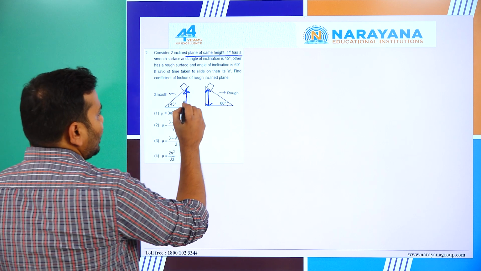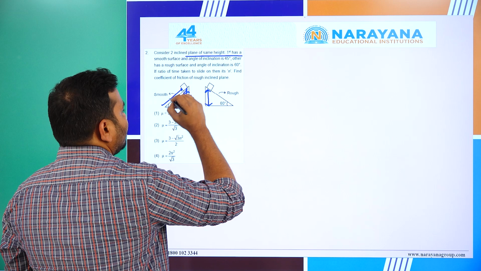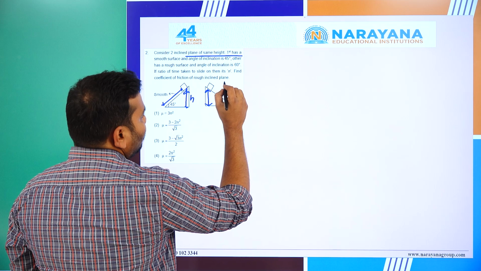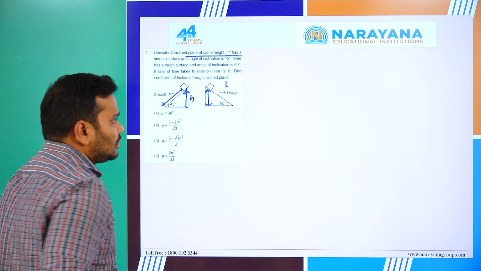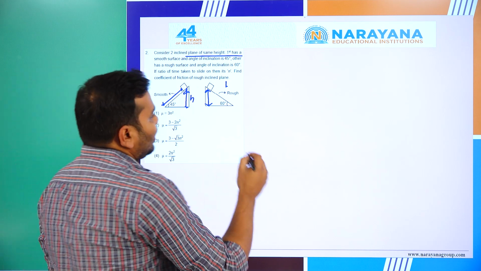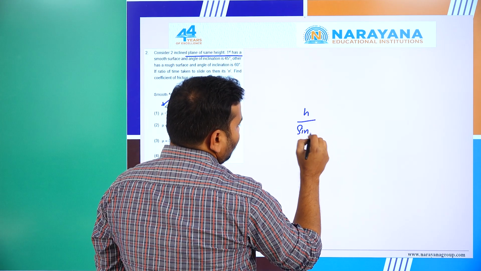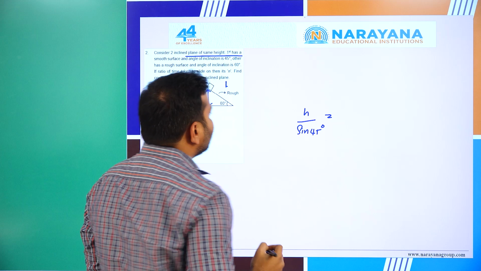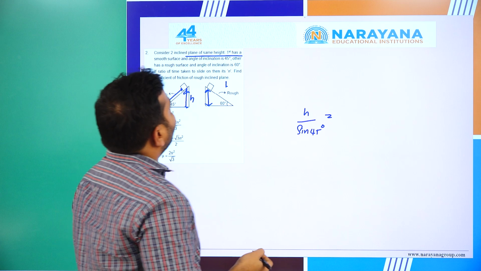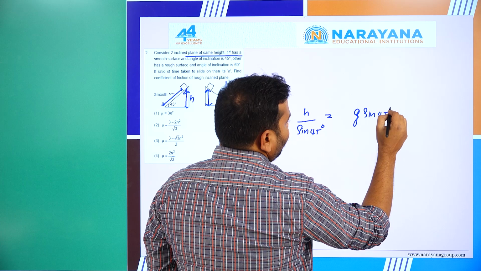Here, if I consider this height as h, then the distance covered will be h by sin 45, and in a similar way, h by sin 60. Now, for the smooth inclined plane, h by sin 45 degrees is the distance it travels with a constant acceleration g sin 45 degrees.